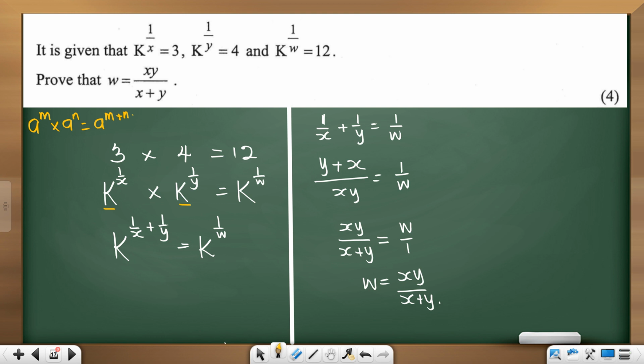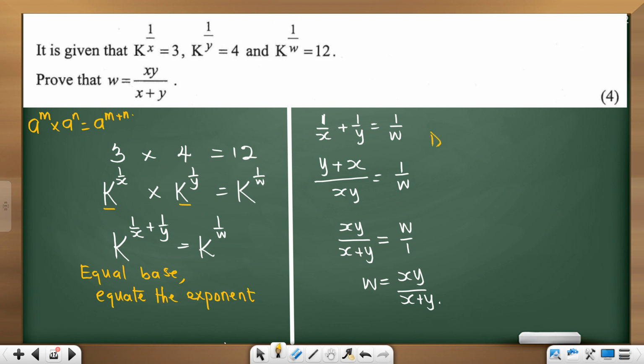Now, since the bases are equal, what do we do? We equate the exponents. Do you remember that law? Yes, sir. Lovely. So what's my exponent? 1 over x plus 1 over y equals 1 over w.